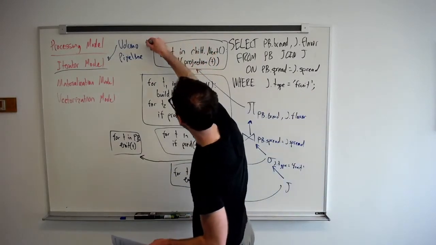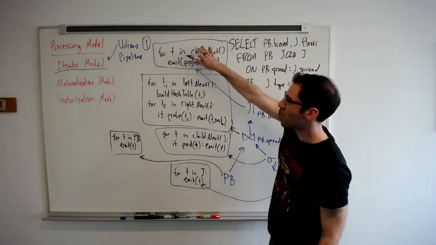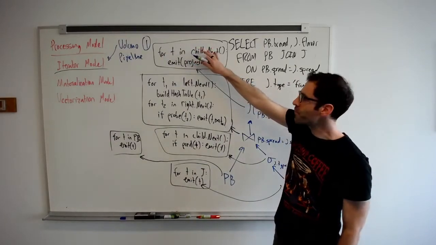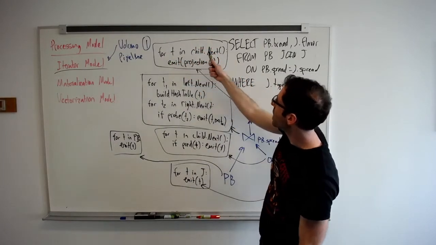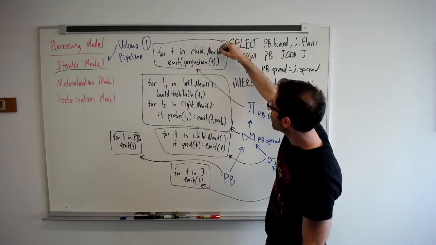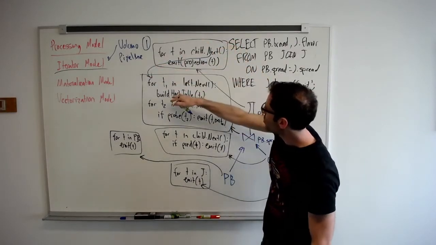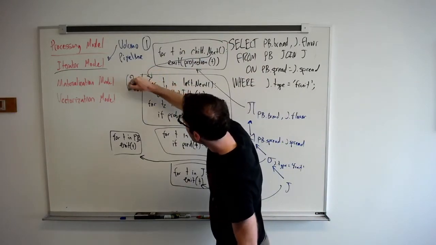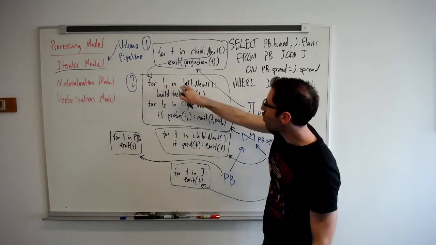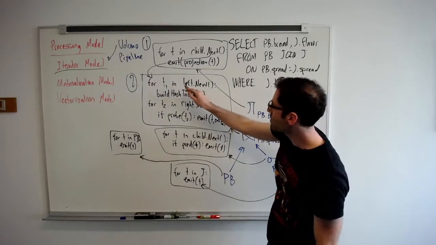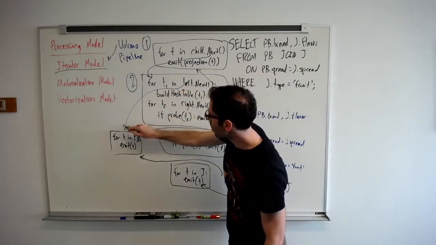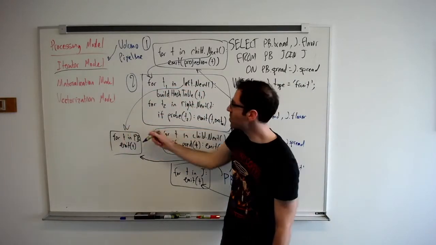So what this is going to do is, first we'll start up at the top of our plan. We'll say for t in child.next. So this will call next on its child. And so then for t1 in left.next, it will go call next on its child.